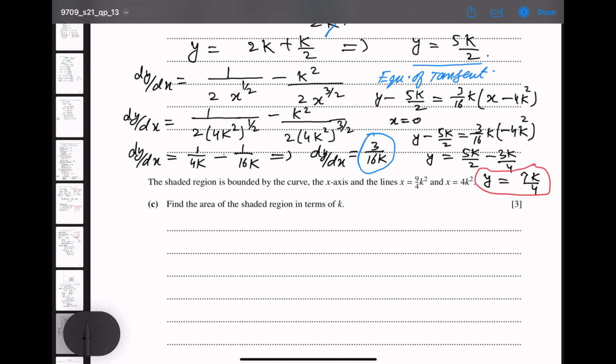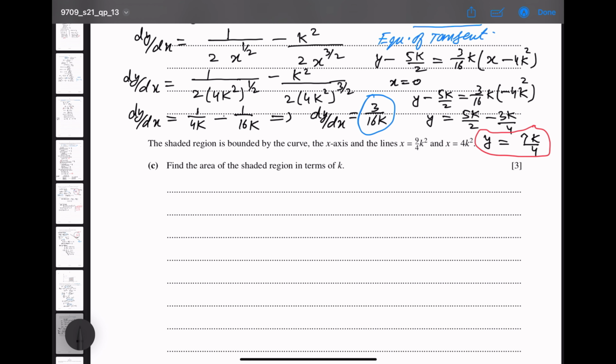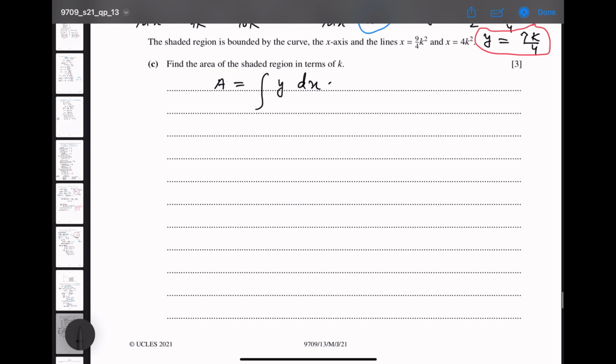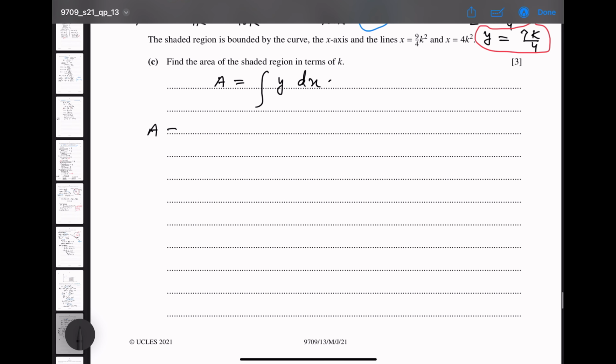The formula for area under the curve is A equal to the integration of the function with respect to x. Now we have y is x power 1 over 2 plus k square x power negative 1 over 2, with respect to x. The limits are also given. We will apply the limits at the end. First we will integrate it.